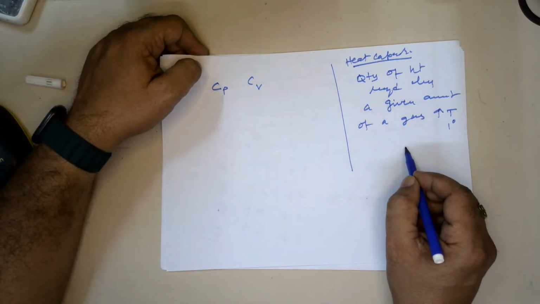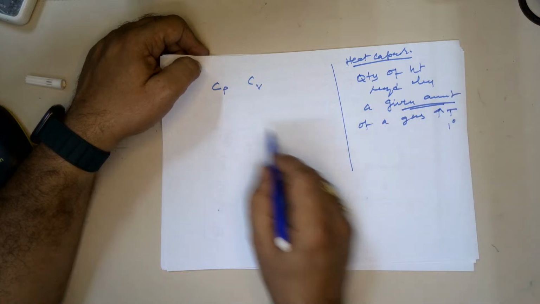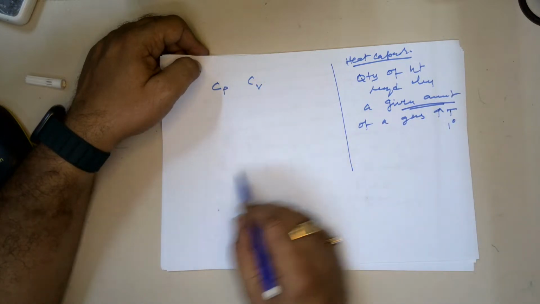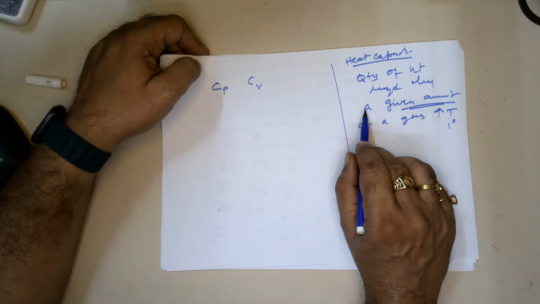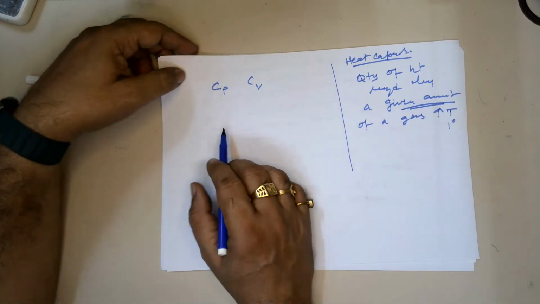When it is at constant pressure per mole, instead of given amount, you can put per mole, then it becomes Cp. Cv is molar specific heat capacity at constant volume. That's all.